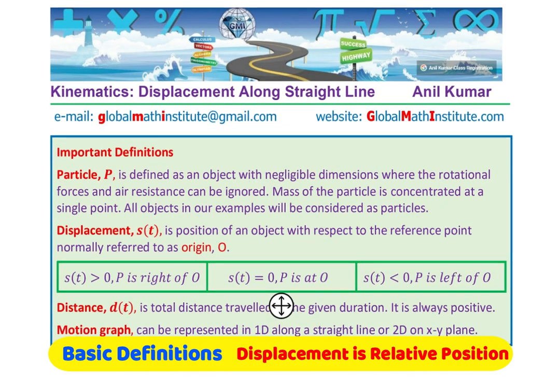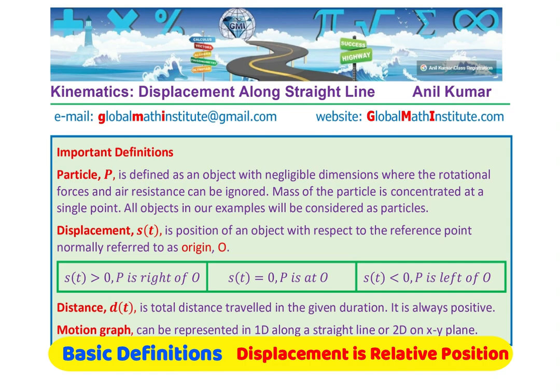Before we begin, let's look into some basic definitions. Many times, that is also a part of communication in such questions. A particle P is defined as an object with negligible dimensions, where the rotational forces and air dynamics, like friction, can be ignored.